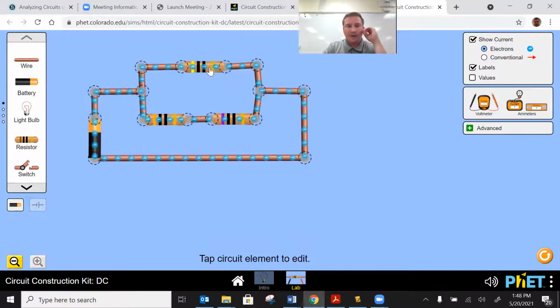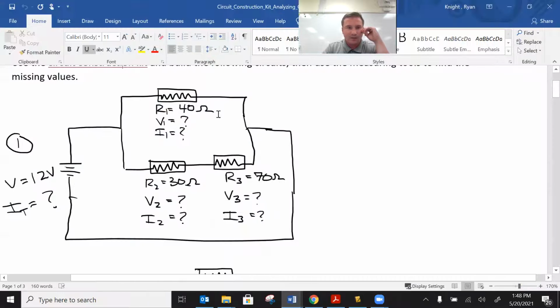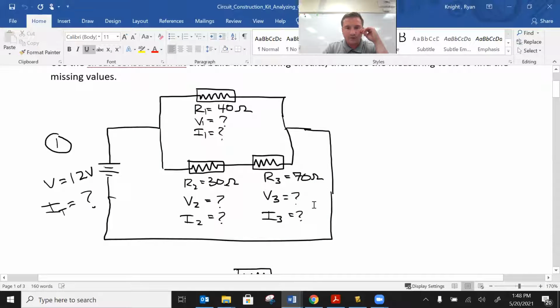All right, so 40, 30, and 70 for my resistors, and 12 for my battery. Let me just double check. 12, 40, 30, 70. Good. So my circuit is set up how I wanted it to be set up. Battery, resistor, resistor, resistor, and I have the battery and the resistors at the correct values, 12, 40, 30, and 70. Each one is set up the same way.